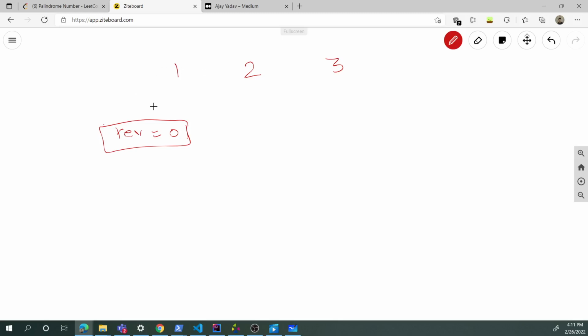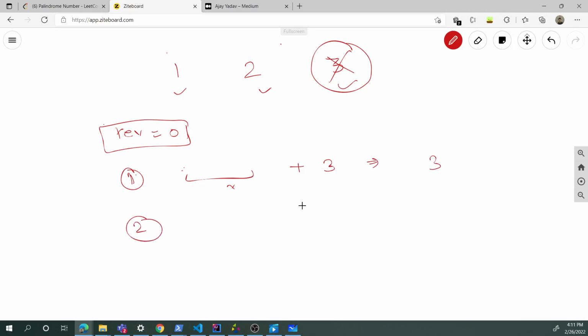We have to do some steps, as many times as there are digits in the original number. First, we take the last digit from this number, remove it, and add it to the reverse. In the first step, we take the reverse number and add this 3, so the number becomes 3.